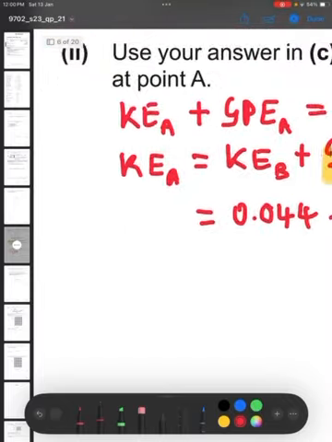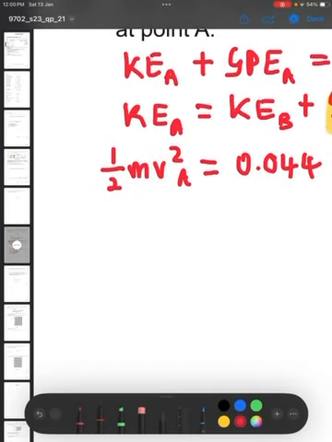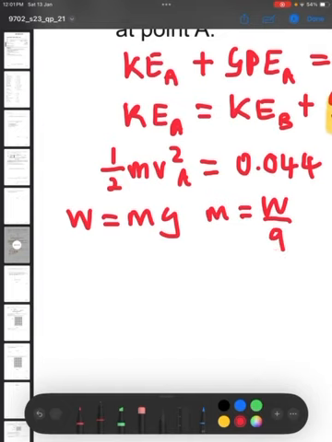Next, we know that kinetic energy is half mv squared. Kinetic energy at A is what we are trying to find, because we want the speed at A. Since weight is equal to mg, then m is equal to weight over g.